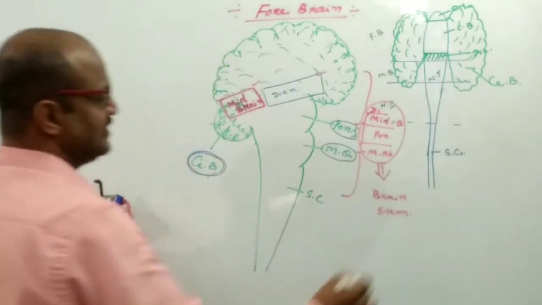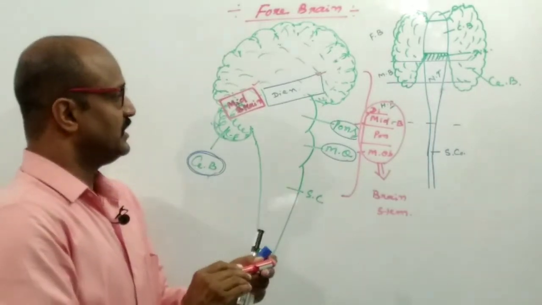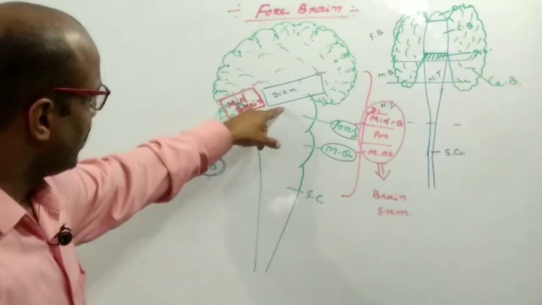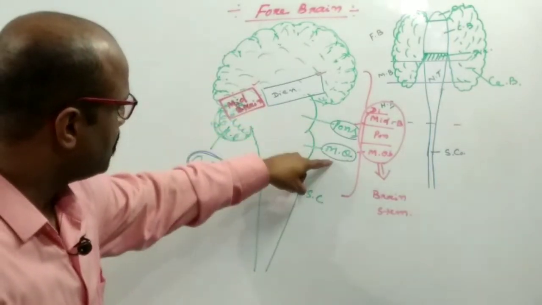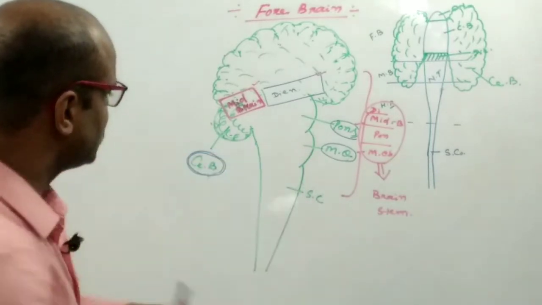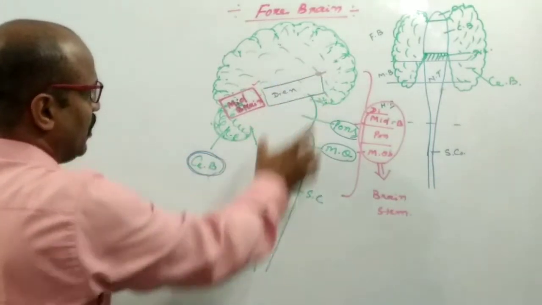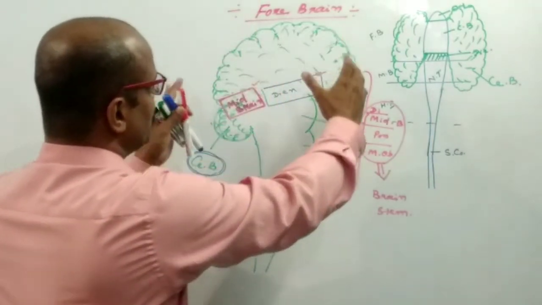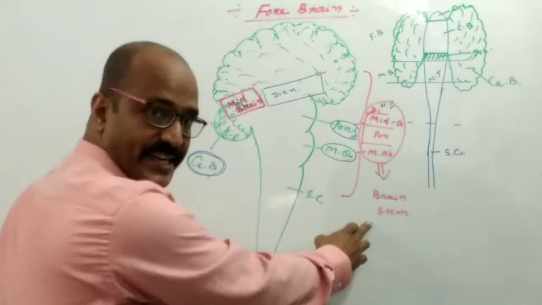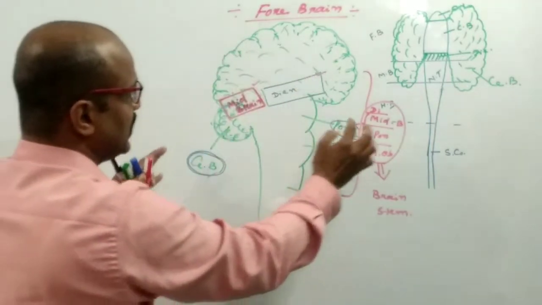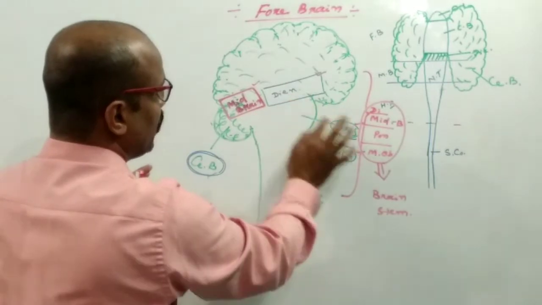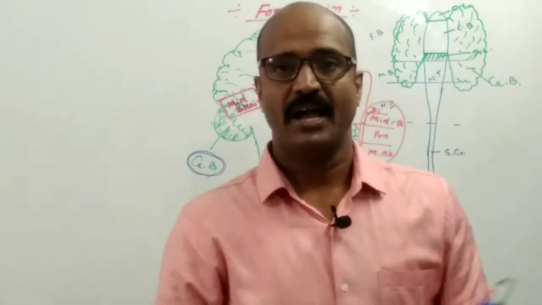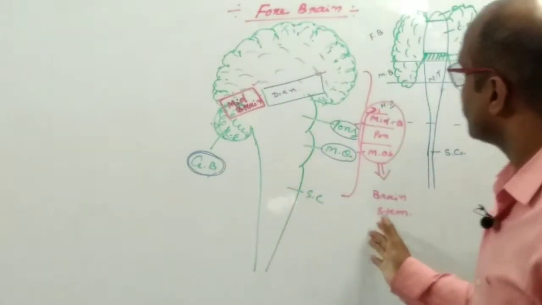It is known as the brain stem, or the life supporting system. The whole brain is present over the brain stem, over the midbrain, diencephalon, pons varoli, and medulla oblongata, which form the brain stem, known as the life supporting system.